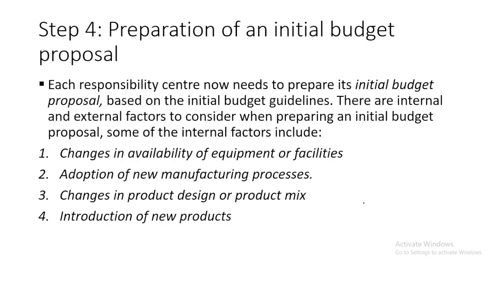I'll make an example: you find that you are producing a product that is not generating much revenue. So management will decide that 80% of this machine's or facility's capacity will instead be used to produce the other product that is generating more revenue.